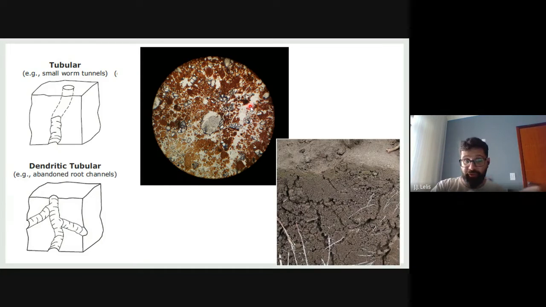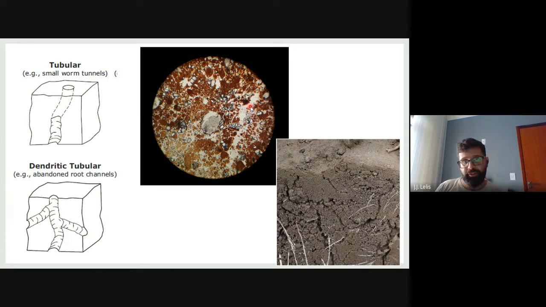These features seem to be very deep too, because they are close to the water table. And when we have wet conditions with a lot of water available, we have these features very close to the surface because it's not so dry.